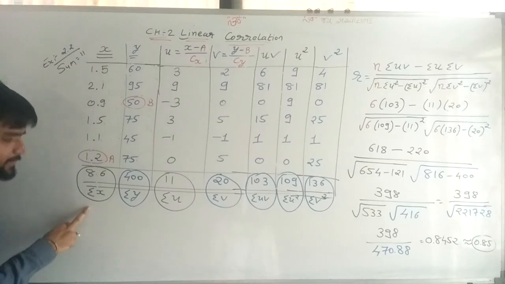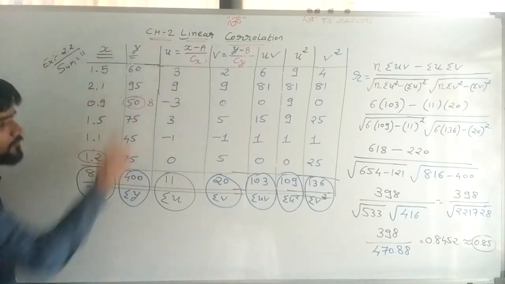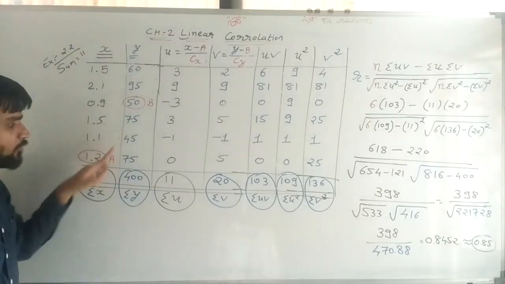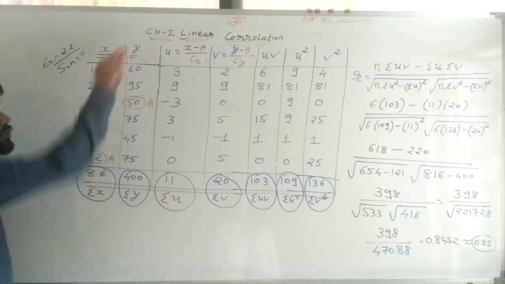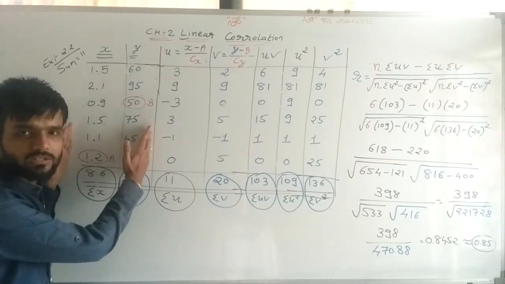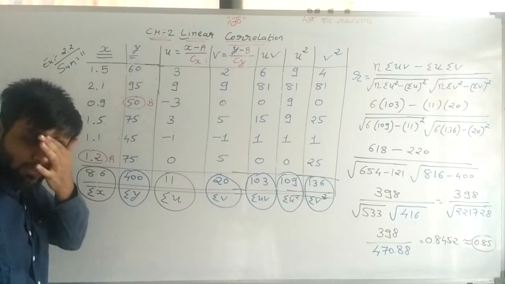Total of that, sigma x, is 8.6. In the same way, values of y are given: 60, 95, 50, 75, 45, 75. Total is 400, sigma y. Now these two values are given. We need to convert them into small values and normal values.